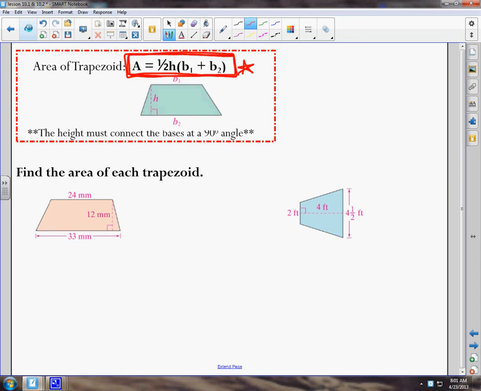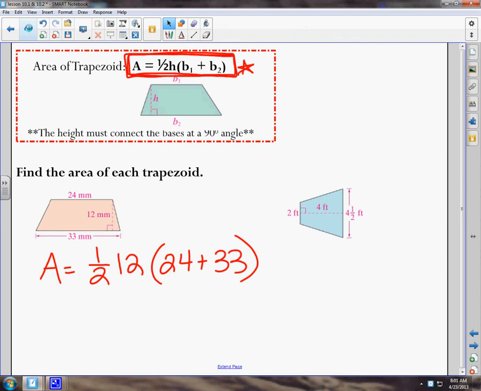Okay, so if I'm going to do this practice problem, I'm going to do 1/2 the height, which is 1/2 of 12, times 24 plus 33. What I've noticed a lot of kids do is they just do 1/2 of the height in their head because that's pretty simple.